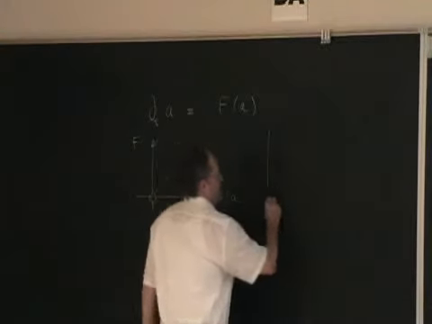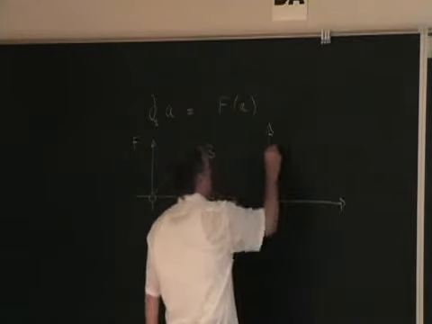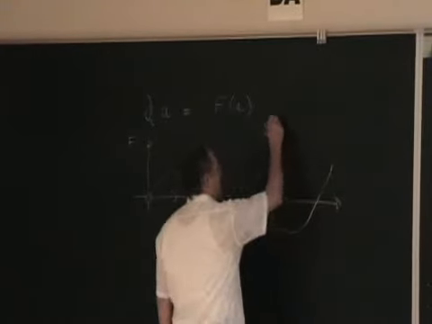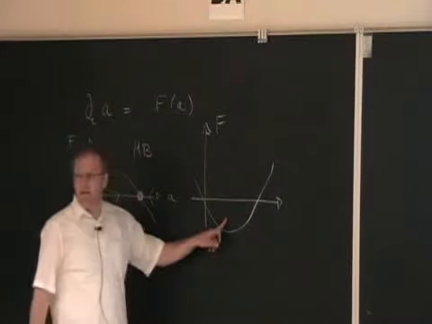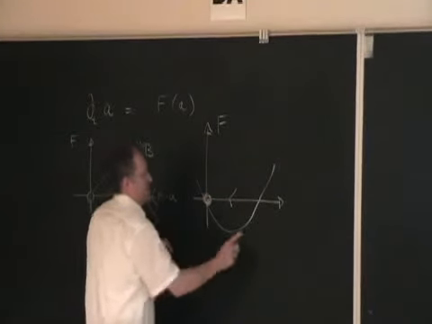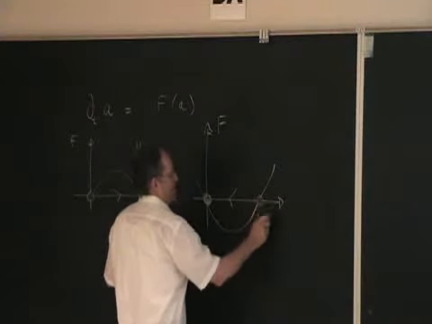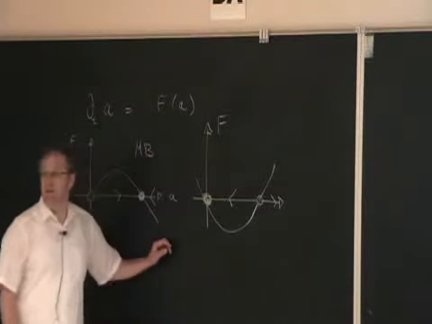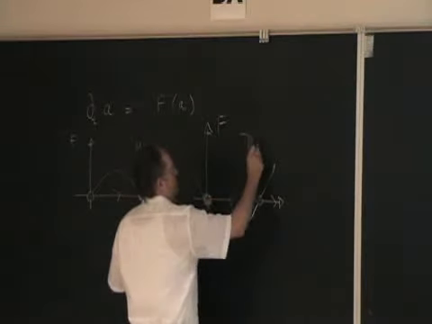The prisoner's dilemma is just the other way around. Here this is negative, the flow goes here, so this is stable and this is unstable. That's the prisoner's dilemma.